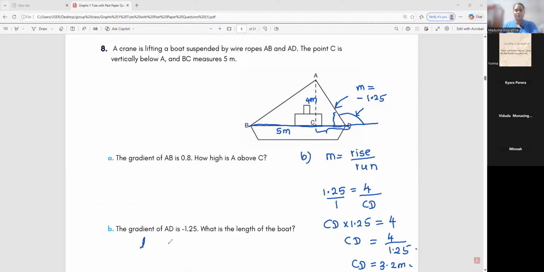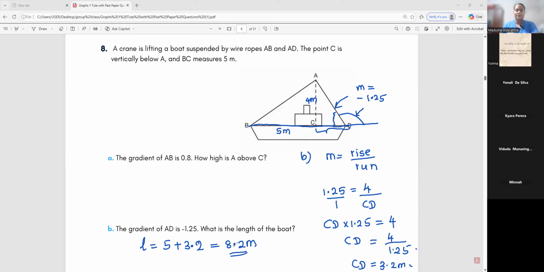The length of the boat is 5 plus 3.2, 8.2 meters. If you simplify this with the minus sign, you will get minus 3.2. But since it's a length, ignore the minus sign and write.